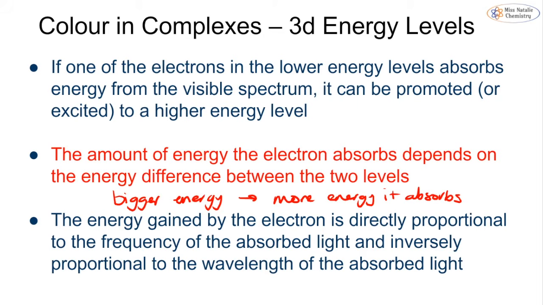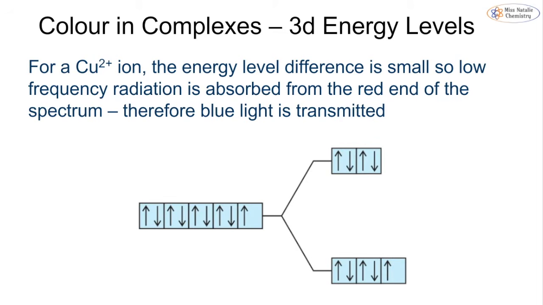So as the energy gained increases, so when you get more and more energy, that causes your wavelength of light to decrease. And that then gives you that absorption of the specific wavelength, and what then comes out the other side is what has not been absorbed, and that's the complementary colour that we see.